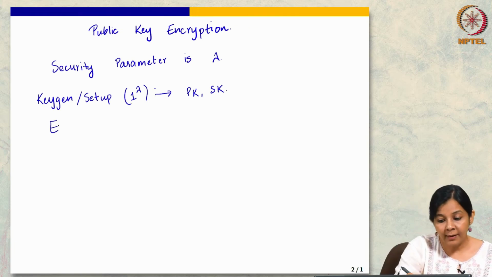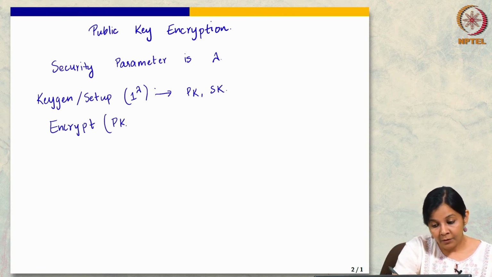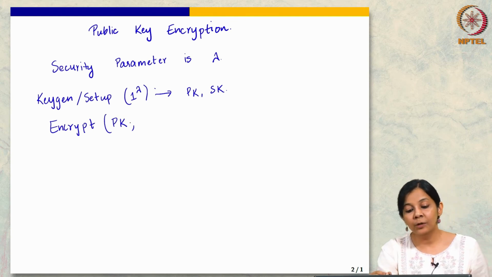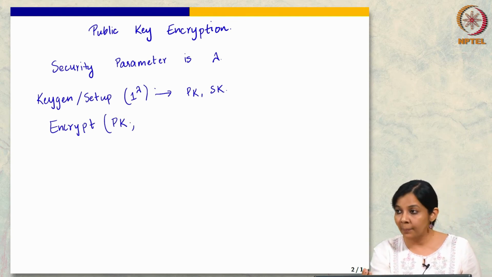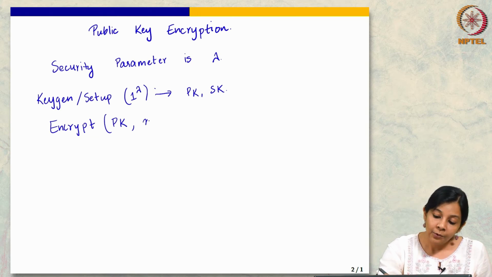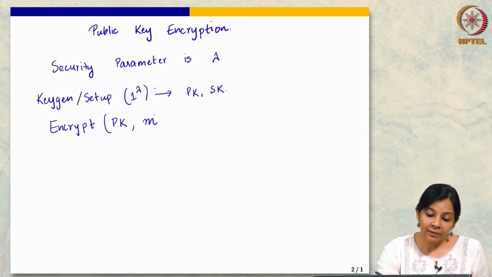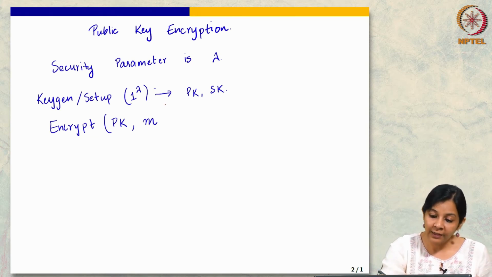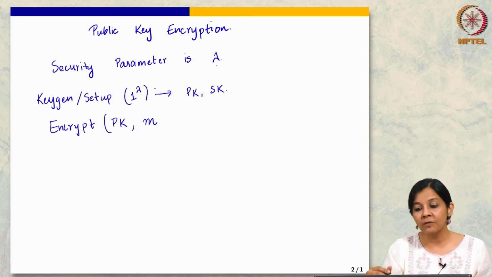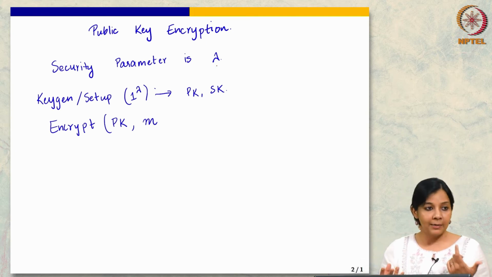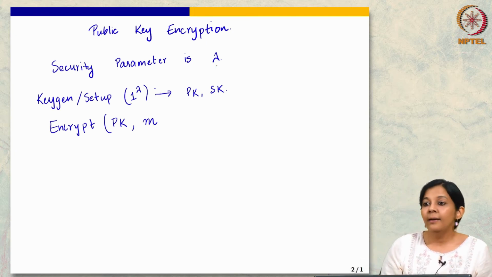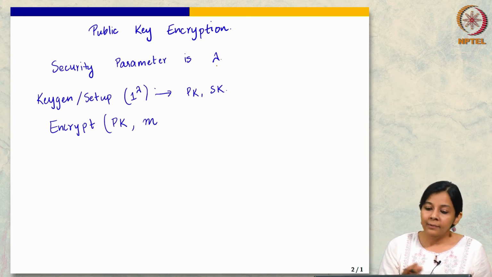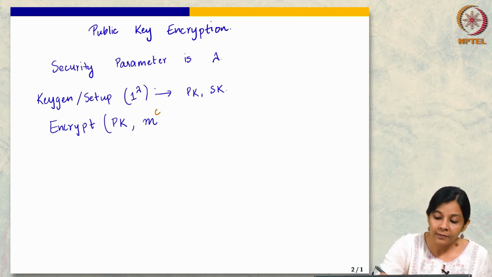Then there is an encrypt algorithm. Because this is public key encryption, that means that it should only take the public key as input. It takes some message. This I did not fully specify. This public key encryption scheme will obviously be associated with some message space, right? And the encryption has to take a message from the message space.